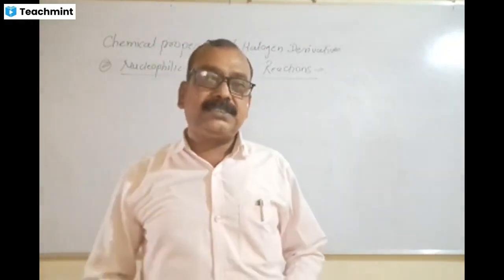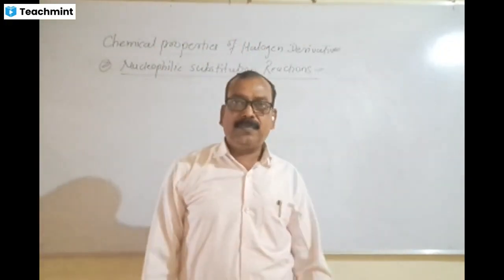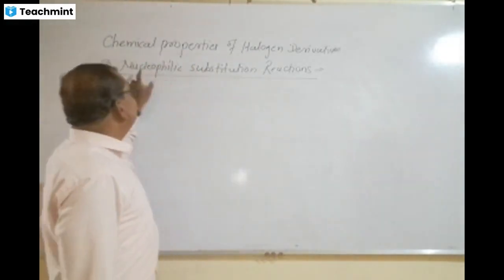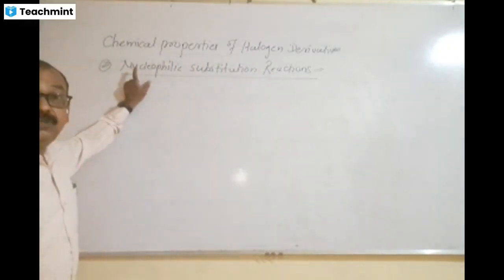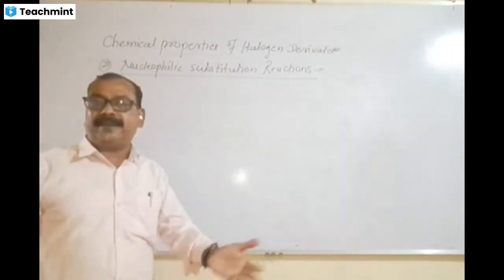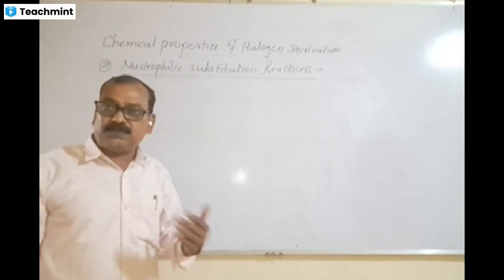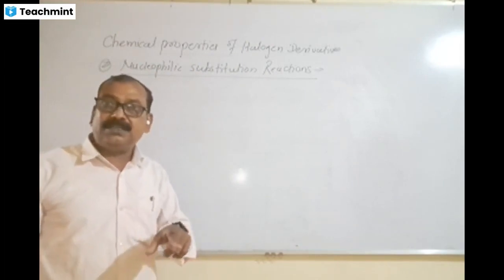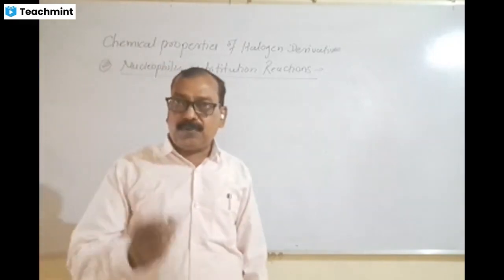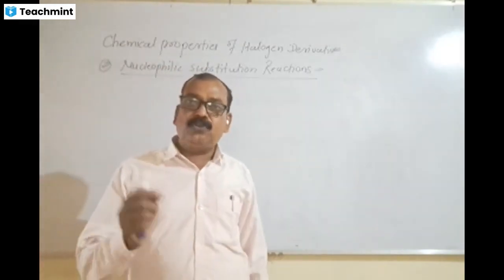There are two types of reagents. In 11th we saw electrophiles and nucleophiles. Nucleophiles are nucleophilic reagents. Nucleo means nucleus, that is positive charge, and philic, that is having attraction. That means the reagent or species which has an attraction for the nucleus, that is positively charged ion, we call nucleophiles.